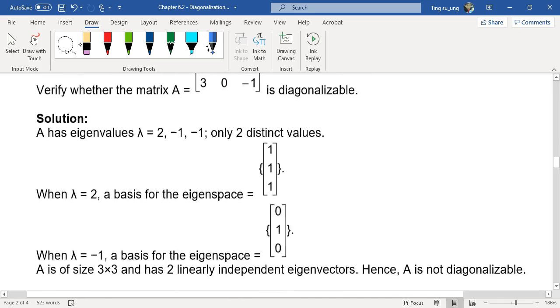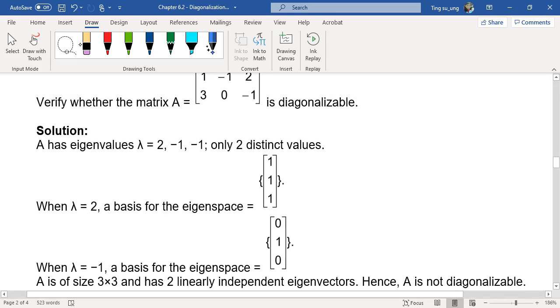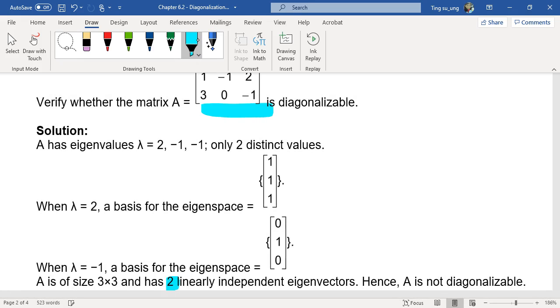When lambda equals negative 1, your eigenspace is this. Tell me, how many linearly independent eigenvectors here? You have 2. But you must remember, what's the size of the matrix here? It is 3 by 3, but you have only 2 linearly independent eigenvectors. So you can straightaway conclude A is not diagonalizable.